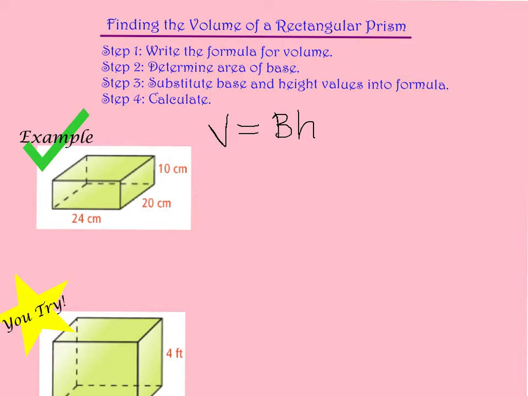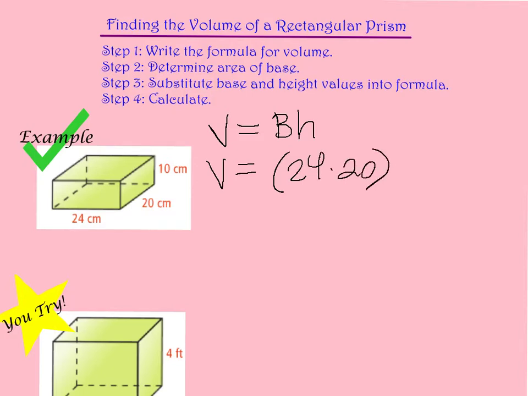Well, in the shape that we have in this example, we can decide on pretty much any of these different sides, front, back, or top and bottom, or right and left as our base. I'm just going to go with a typical top and bottom though. So my base, I'm going to say, is this 24 by 20. So area there, we're going to have volume is equal to 24 times 20.